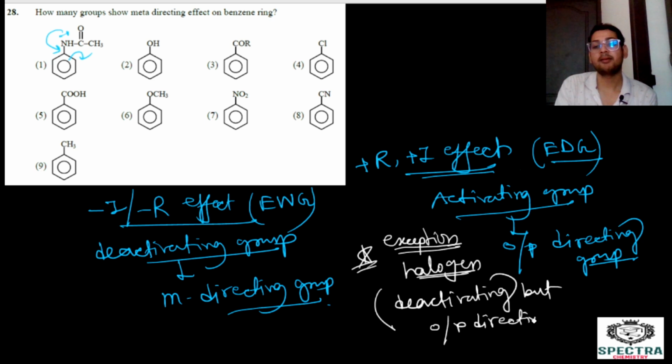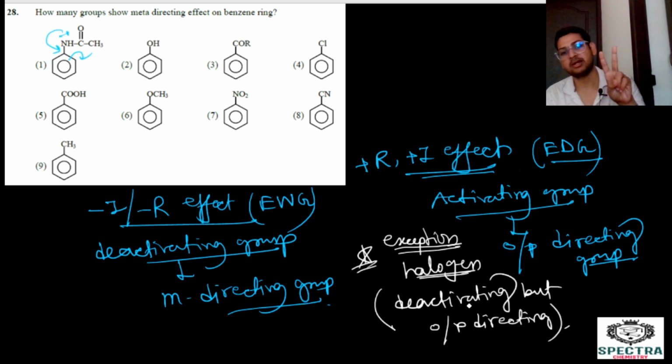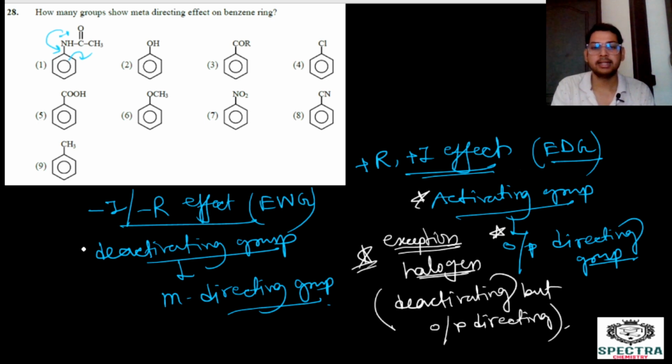So you see, I have done a 2 hours lecture on this, totally on this only, when I taught you that activating groups are ortho-para directing, deactivating groups are meta directing. Only and only halogens are deactivating but ortho-para directing. Okay, sir. Then go for the question.